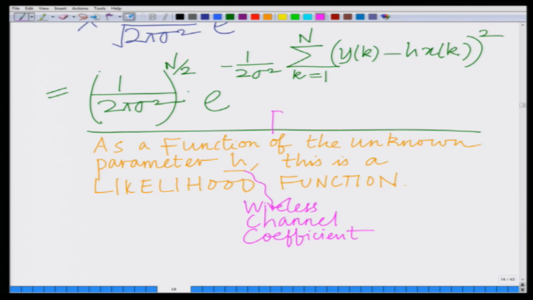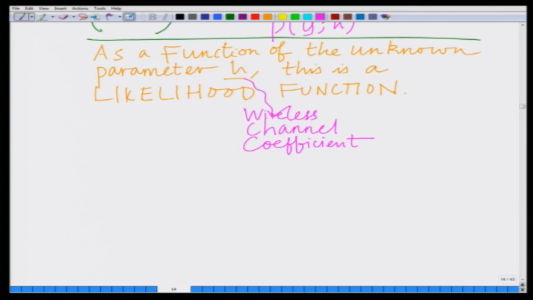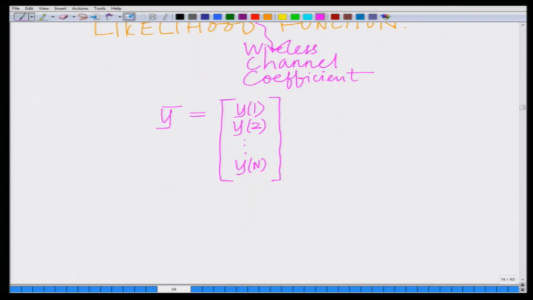I can represent this likelihood function as p of y bar parameterized by h, where y bar is nothing but your vector of observations, that is y bar equals y1, y2, up to yn. So, what is this y bar?